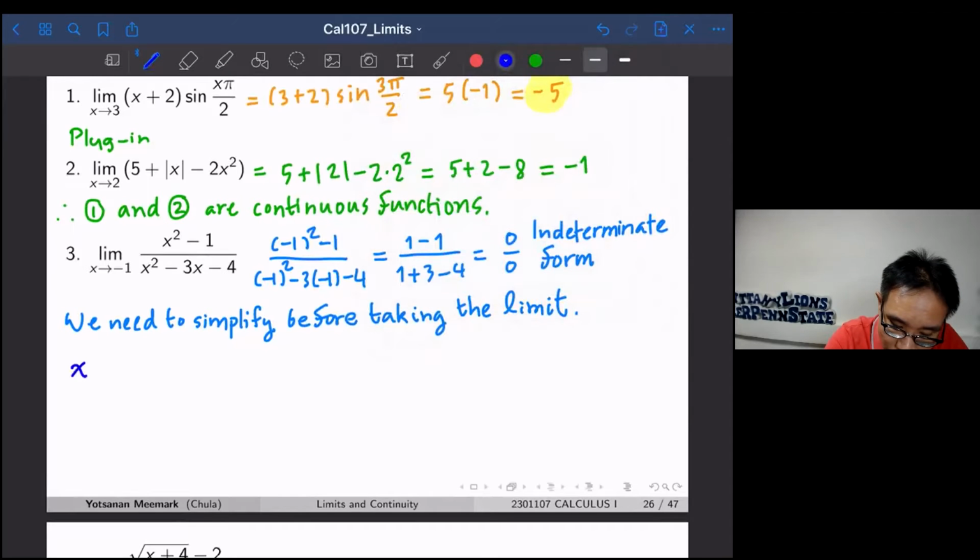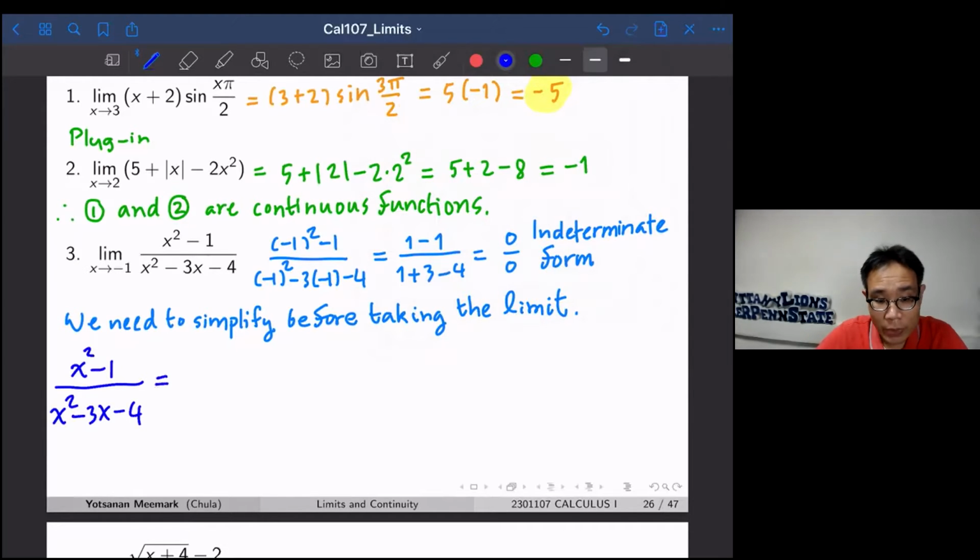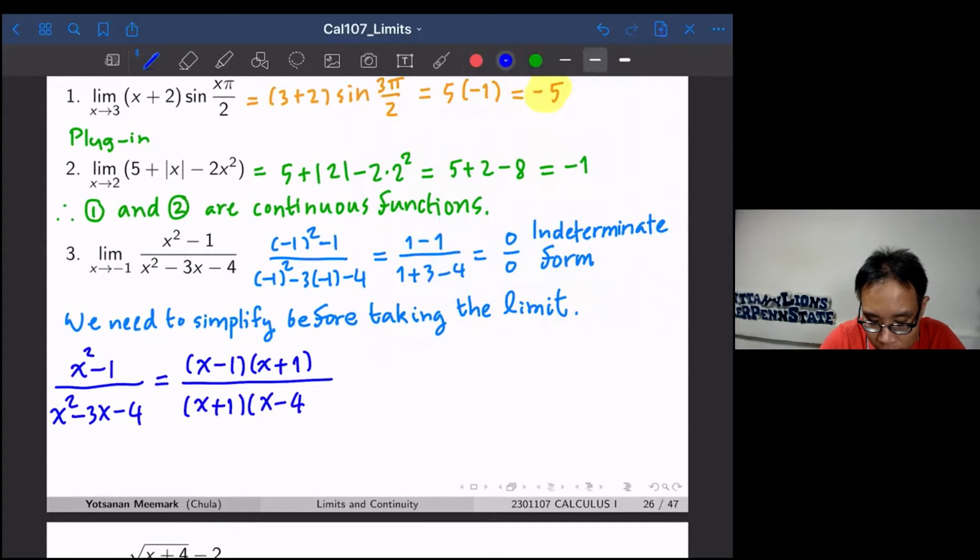So you simplify x squared minus 1 over x squared minus 3x minus 4, and you can factor it. The top is x minus 1 times x plus 1, and the bottom is x plus 1 times x minus 4.